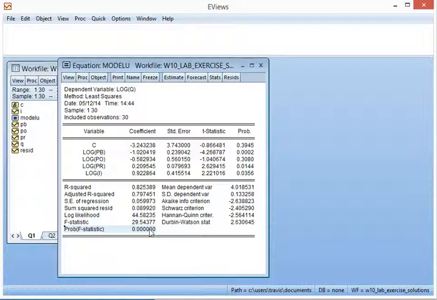So here we will say there's strong evidence that the model is useful in explaining the demand for beer. On to part 4 of part D. We're asked now to show how this F statistic can be calculated in a variety of ways. The first one says, show how the F statistic can be calculated by conducting a Wald test.